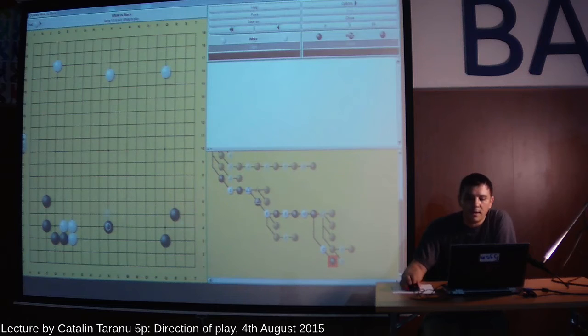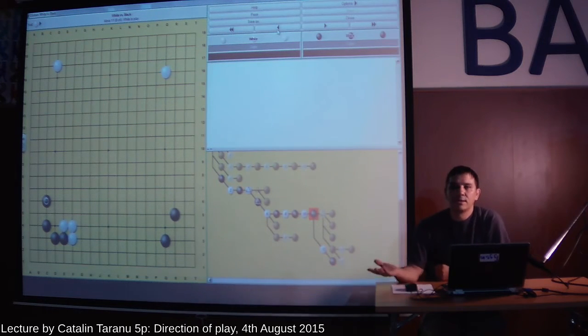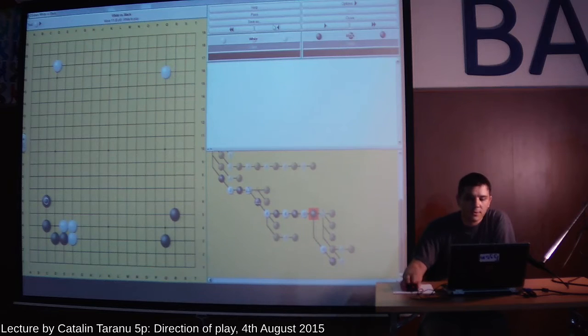But more than that, white will have to run away with those stones, and this is a terrible burden. White will not have time to take the large points on the board because of this weak group. So this is a mandatory place to play with white.